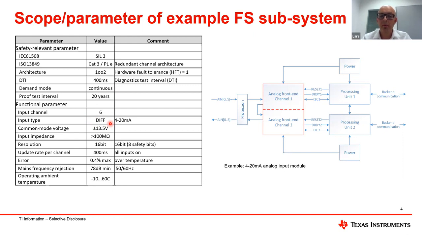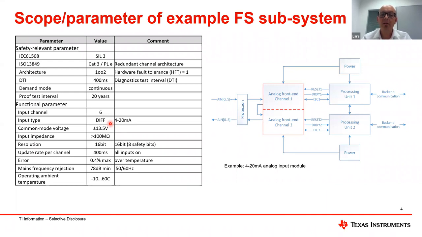As you see it a lot in an industrial environment with field transmitters, we have an input impedance of more than 100 milliohm. The resolution given by the A/D converter is 16-bit, where the 8 MSBs are the 8 safety bits we take care of, basically.